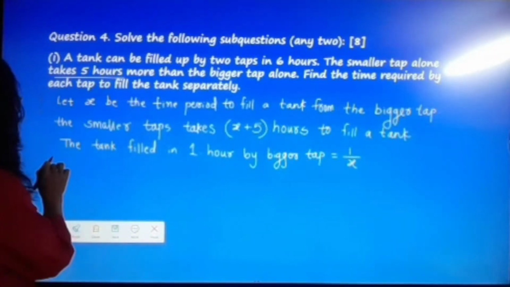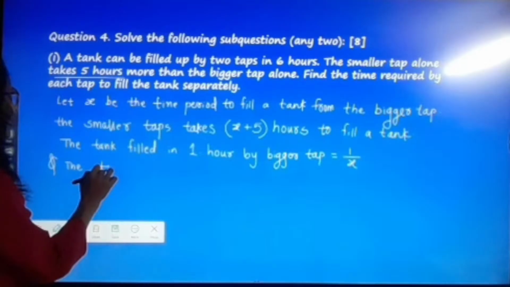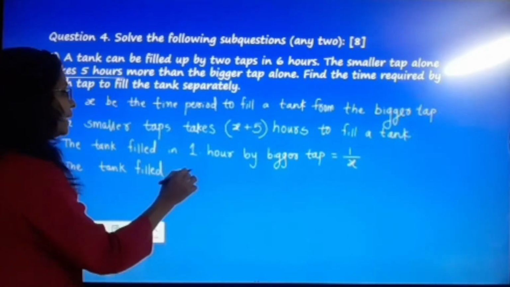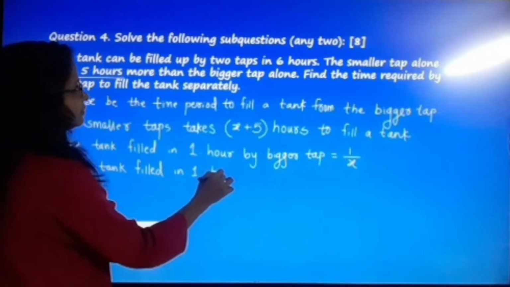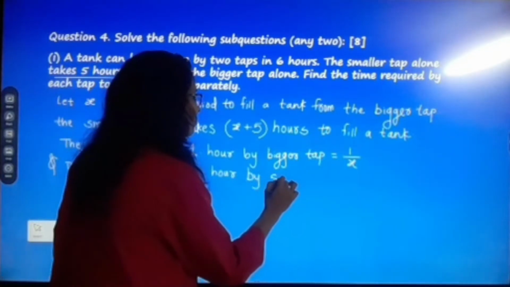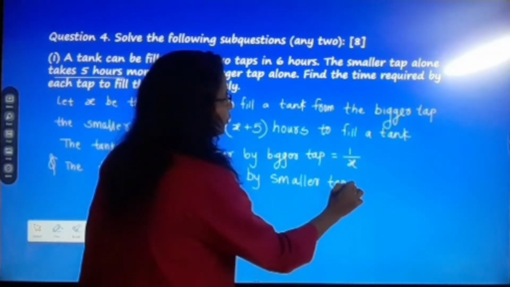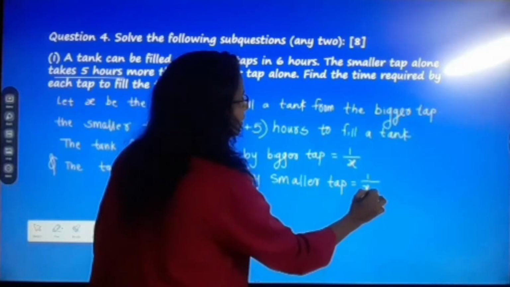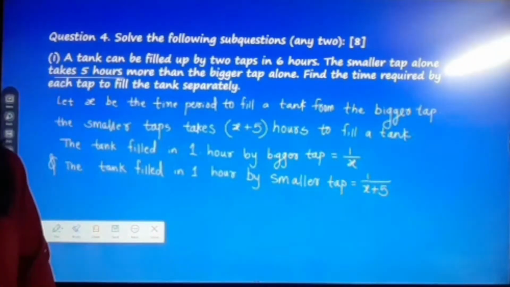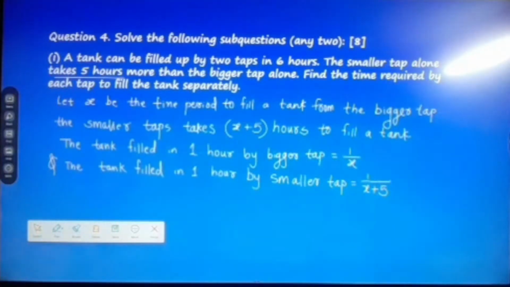And the tank filled in 1 hour by the smaller tap is equal to 1 upon x plus 5. Okay students, you get this point? Then come to the condition.